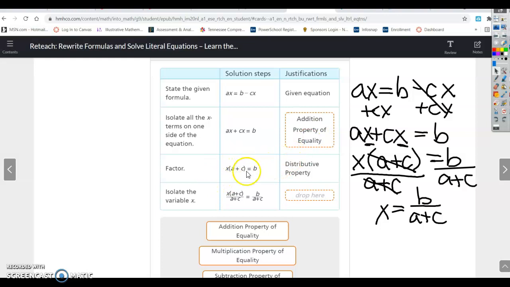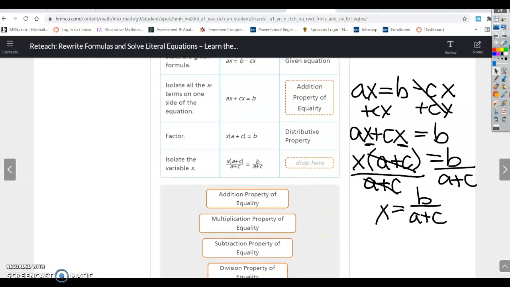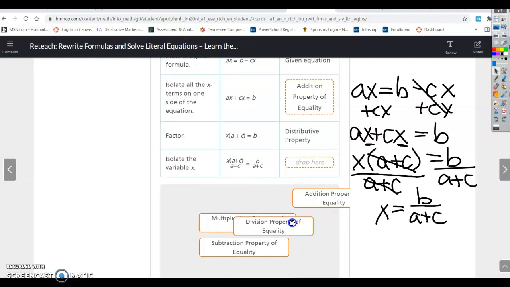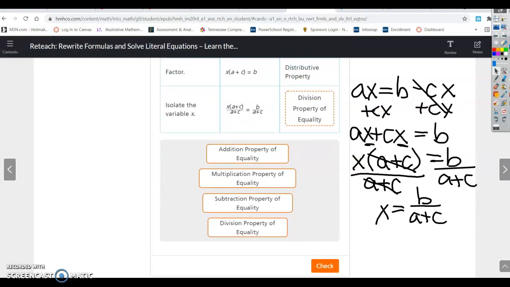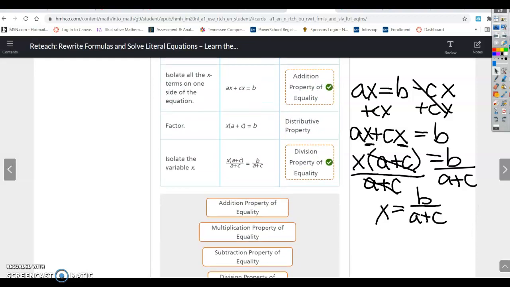Then they factored out the X, or they used distributive property to pull out the X. And then the last thing was they divided both sides by A plus C. So this would be division property. We can see that that is correct.